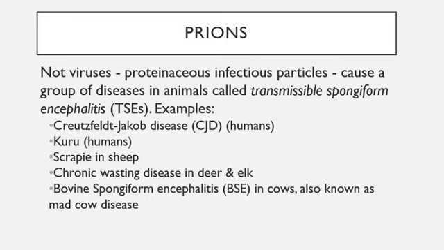Some examples of prion diseases are Creutzfeldt-Jakob disease, or CJD, in humans, kuru in humans, scrapie in sheep, and chronic wasting disease in deer and elk. It used to be more out west, but now it's actually in North Carolina. And bovine spongiform encephalopathy, or BSE, in cows, also known as mad cow disease.